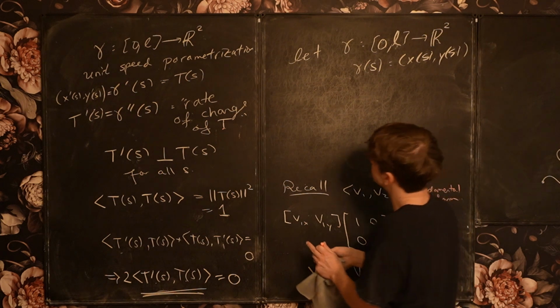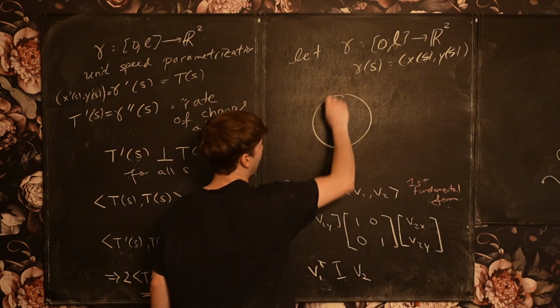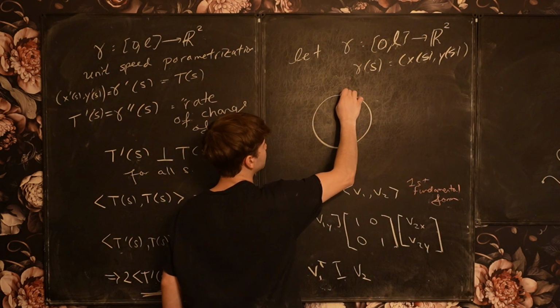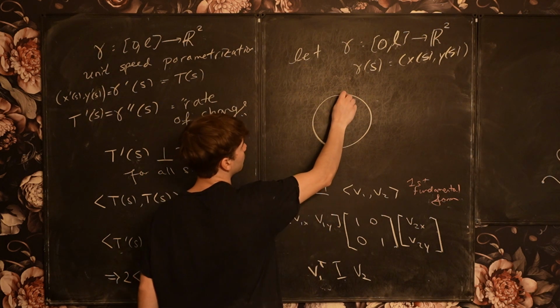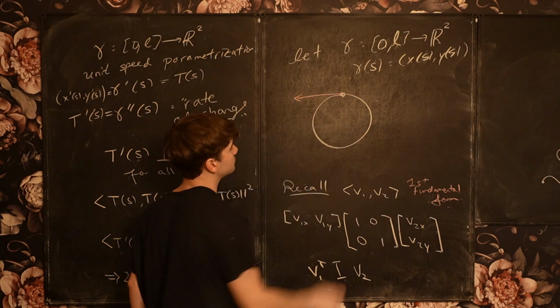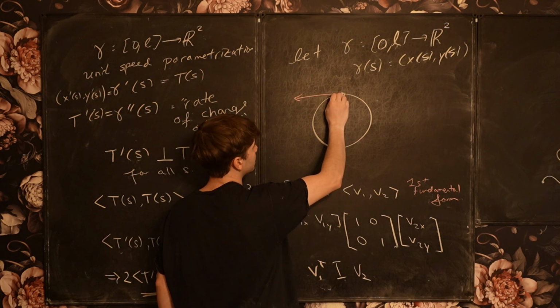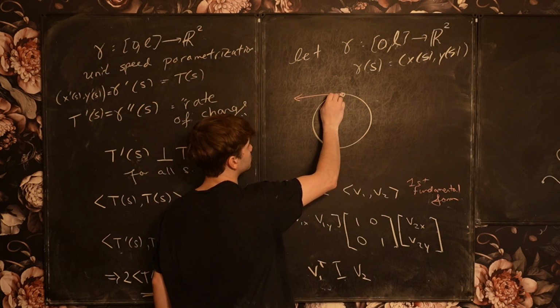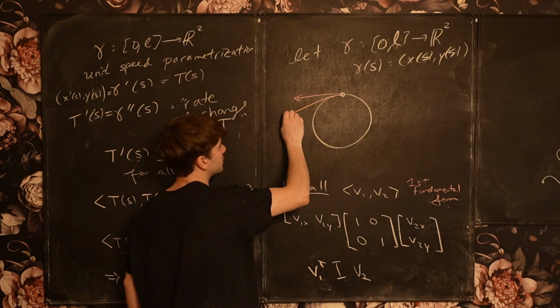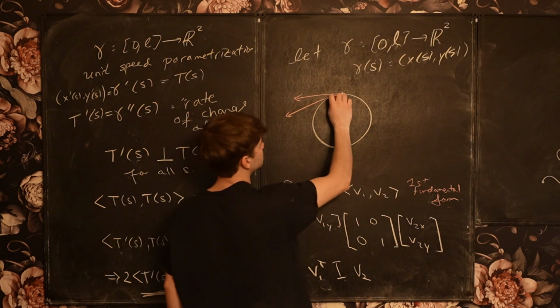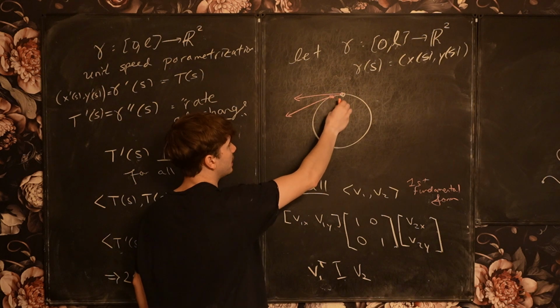So if we picture a circle, and then I look at the tangent vector to this circle, which might look something like this, okay? And now I picture moving the tangent vector just slightly along the circle. So I just consider a differential change in my point.